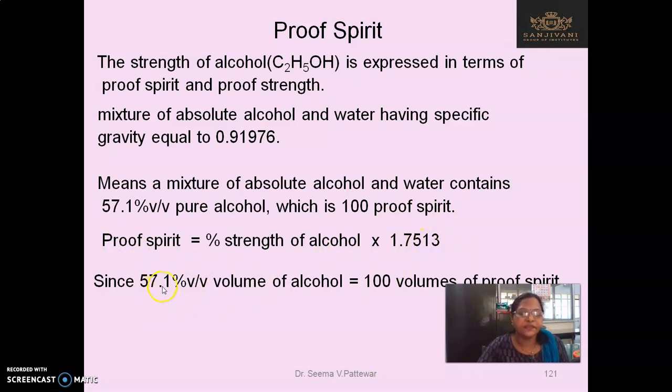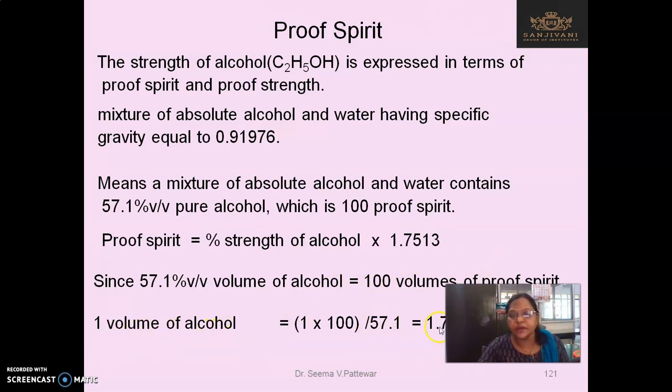Since 57.1% volume by volume of alcohol is equal to 100 volumes of proof spirit, 1 volume of alcohol is equal to 1.7513 volumes of proof spirit. How does this value come? 1 multiplied by 100 divided by 57.1 gives you 1.7513.